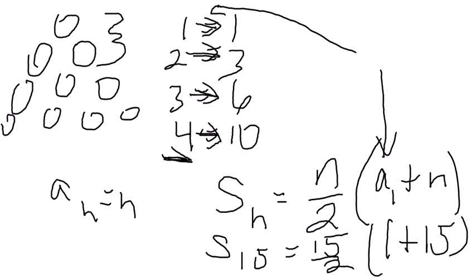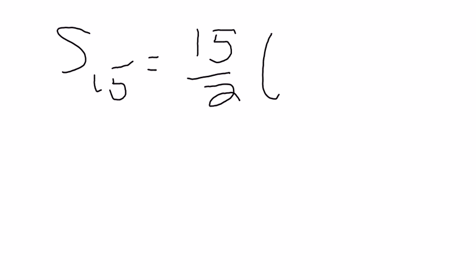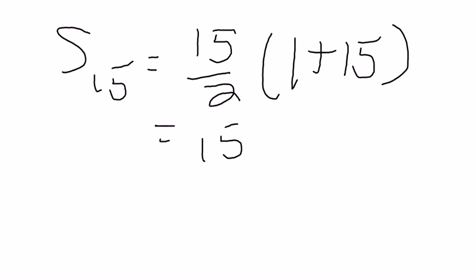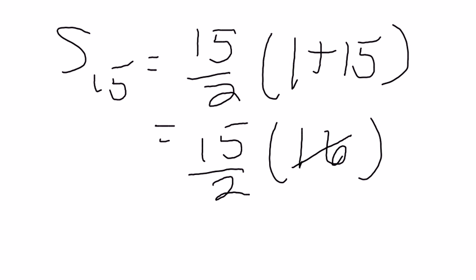So in the end what we get is S sub 15 equals 15 over 2 times 1 plus 15. And so that's 15 over 2 times 16. We can cancel out there. That'll give us 15 times 8, which will give us 120 cans.